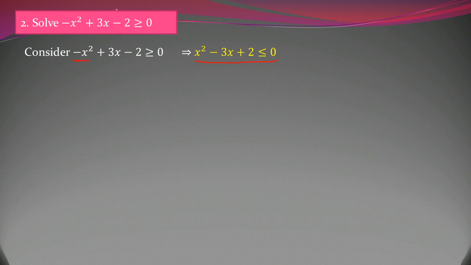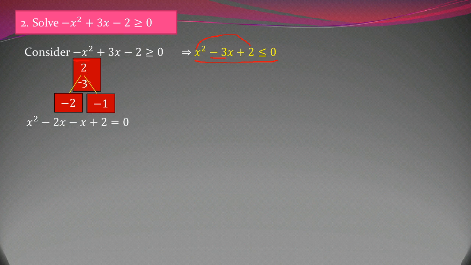So this is the equation that we are getting from the given equation. After you get this equation, the procedure is as usual. Here the product value is 1 into 2, which gives 2, and the sum value is minus 3. So you will get minus 2 into minus 1, that is 2. Minus 2 minus 1 will give you minus 3. Clear?